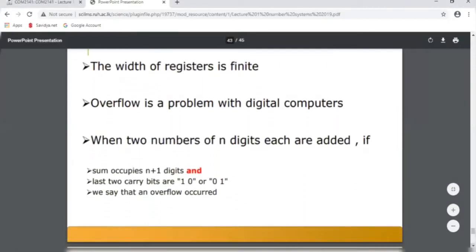Overflow occurs when you can't represent a number within the given width of the register. Assume that you are going to save this in a register in the CPU. In the central processing unit, there are memory storage units which are called registers. These registers are not very long, their capacity is limited.